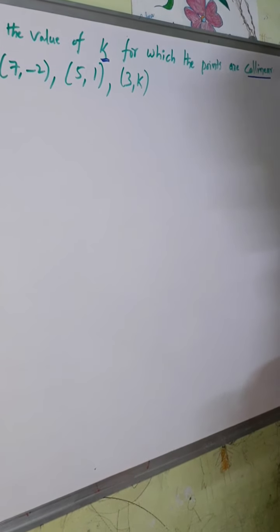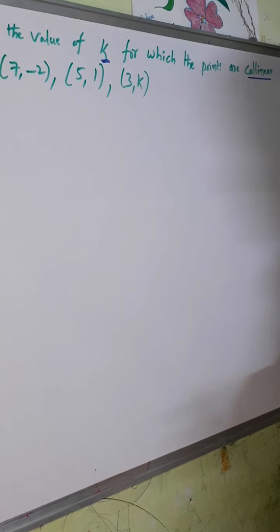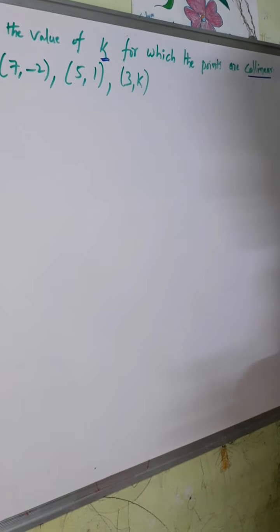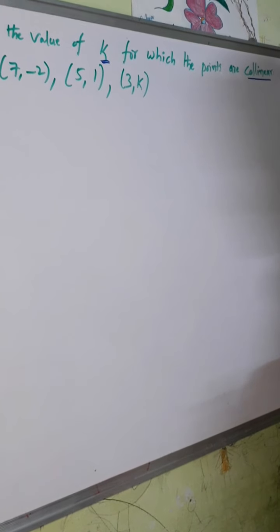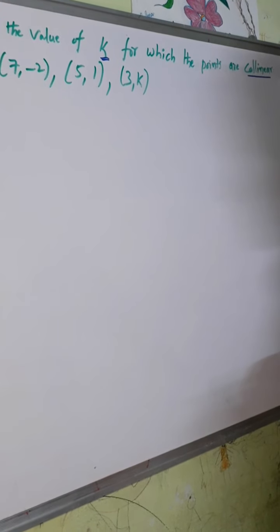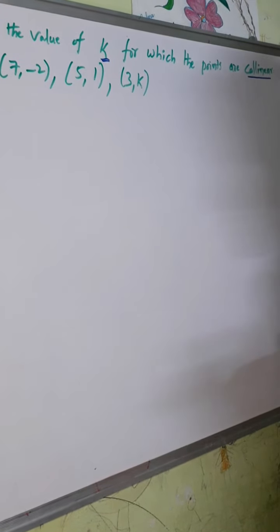Collinear means if 3 points of a triangle are collinear, then the area enclosed between them is 0. That means the 3 points are in the same line.